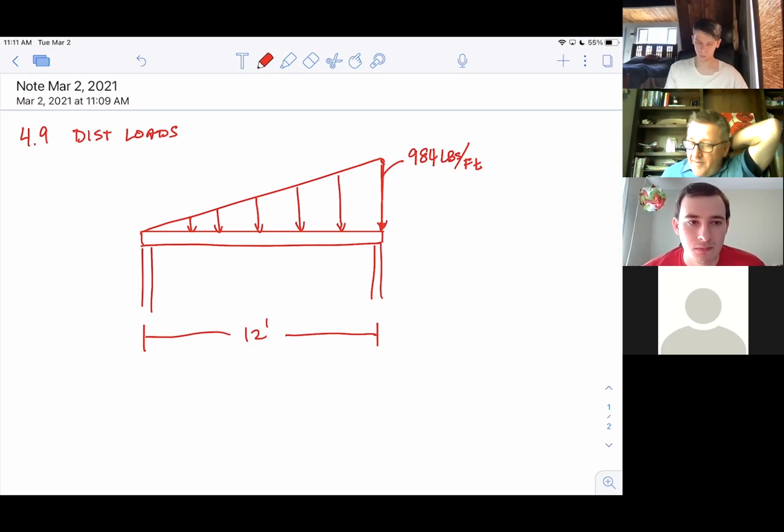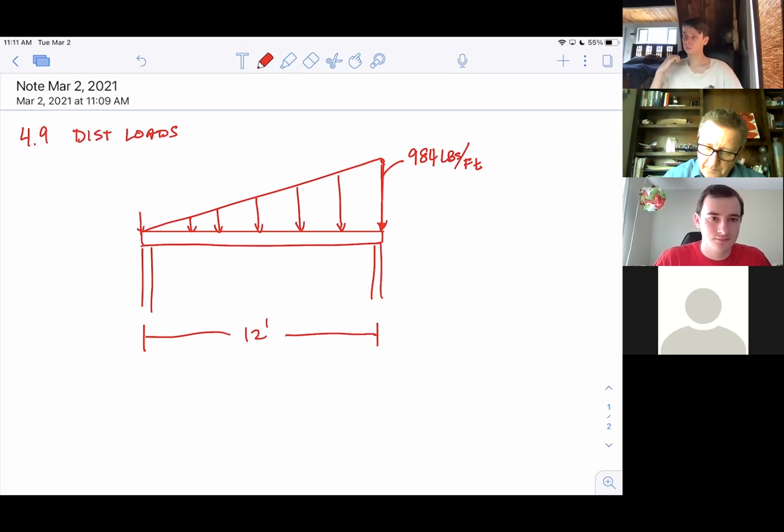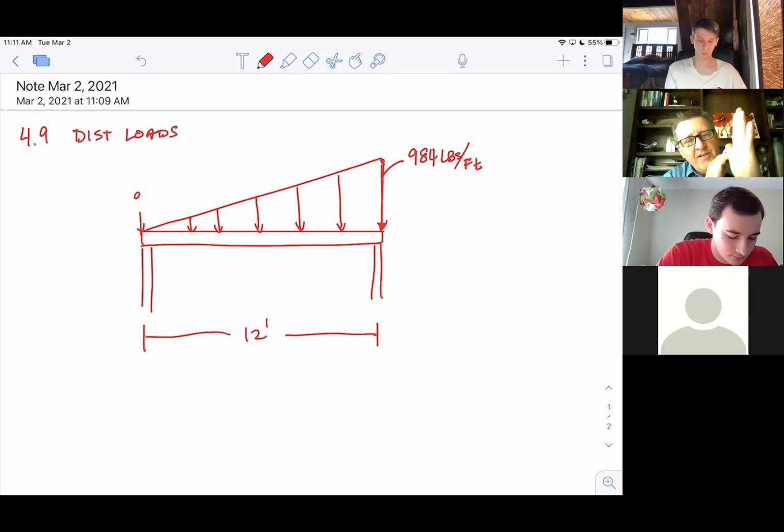Now, what's different about this, like last time I would have said, oh, great, 984 times 12. Now I know how many pounds are on that beam. But does it make sense, because this is a triangle, that there's actually 0 over here? There's no pounds at all. Now, as soon as you move 1 inch in, there's a little bit of pounds there, but right at the end, there's actually no pounds at all.